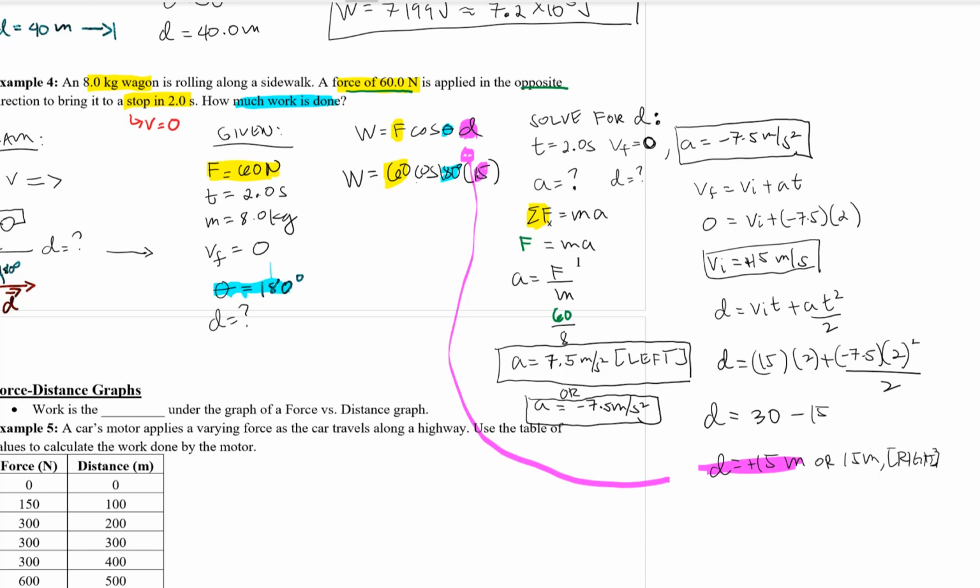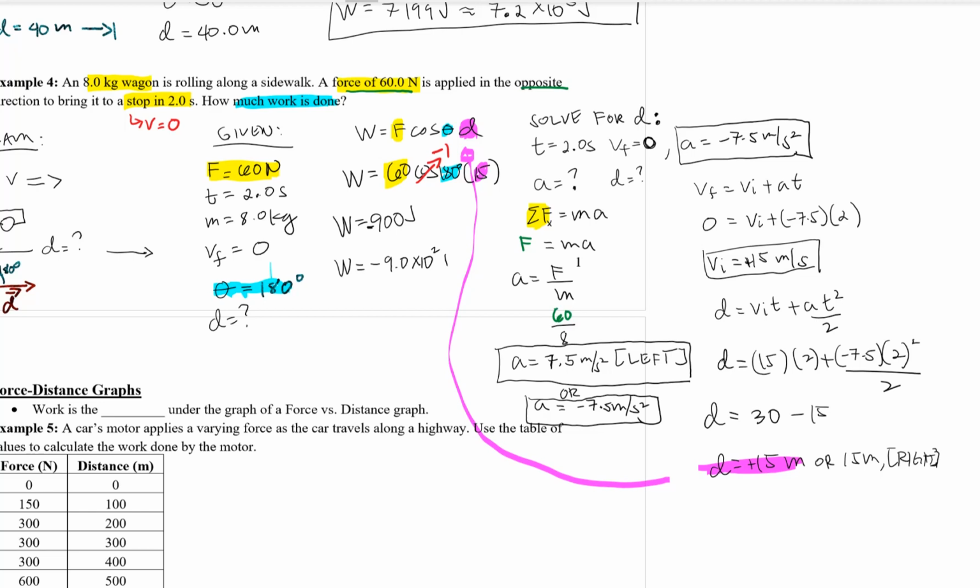So cosine of 180 is negative 1. So work done is 60 times negative 1 times 15. That gives you negative 900 joules, or in 2 significant figures, negative 9.0 times 10 to the power of 2 joules.